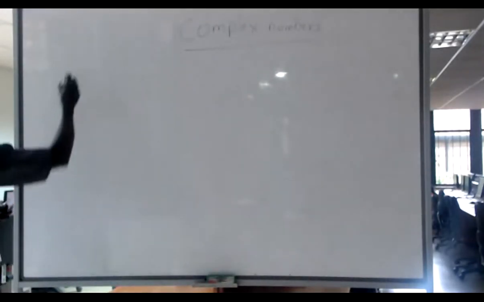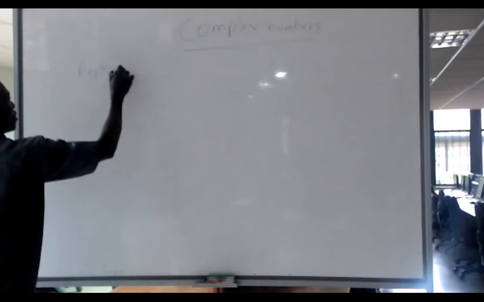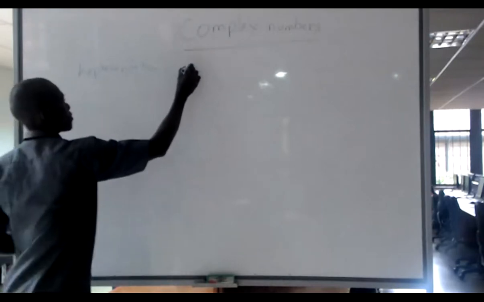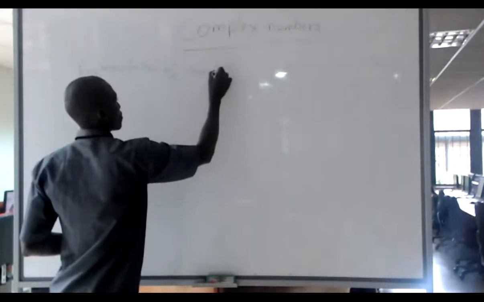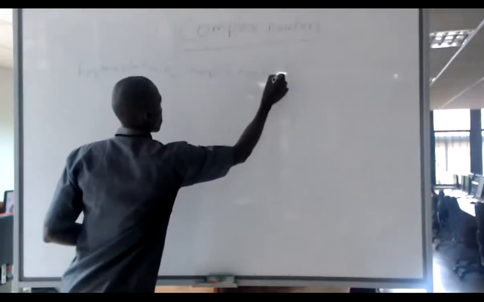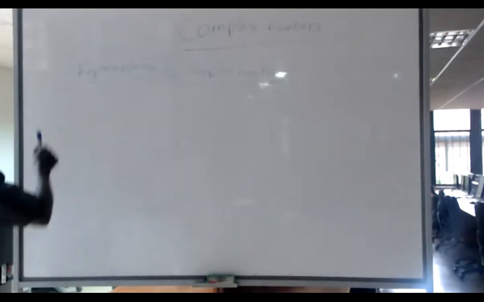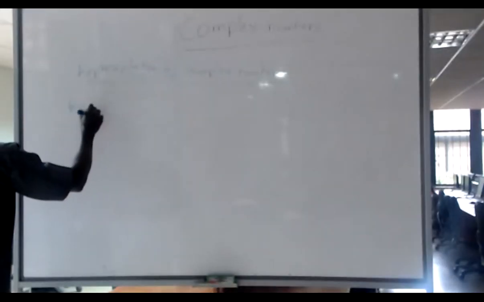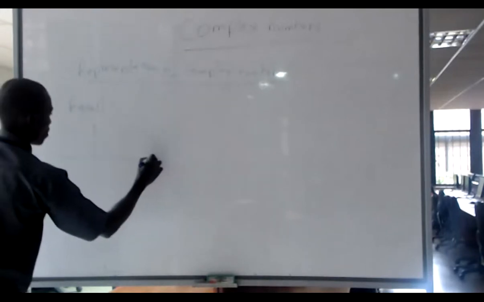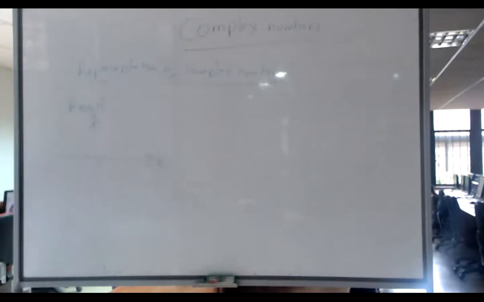Okay, so first of all, let us look at the representation of complex numbers. Recall, I know you have seen what we call the Cartesian plane, with a horizontal x-axis and a vertical y-axis.